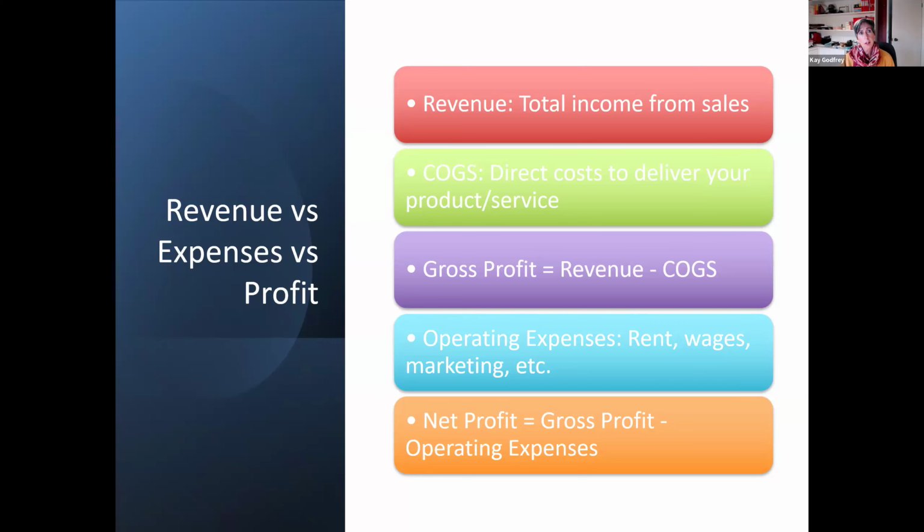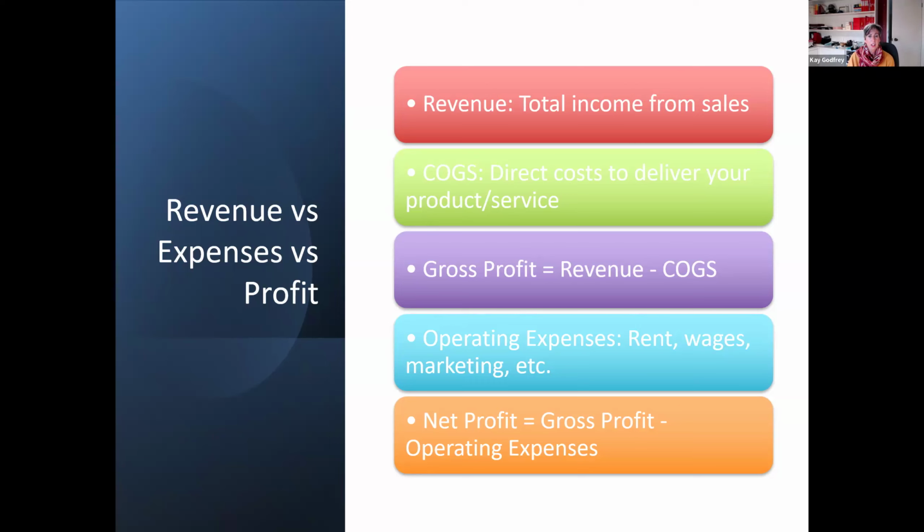So your gross profit is the difference between those two, between your revenue and your cost of goods sold. It's called gross profit or gross profit margin. Operating expenses, more sort of fixed type of expenses and not directly related to making that product. So rent, wages, which can be cost of goods sold as well, a portion thereof.